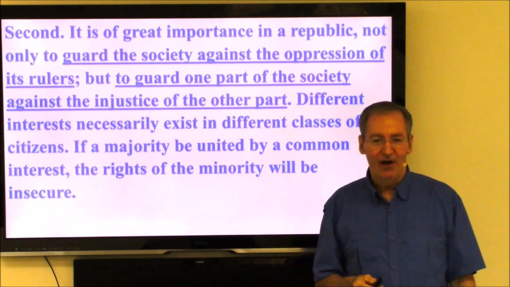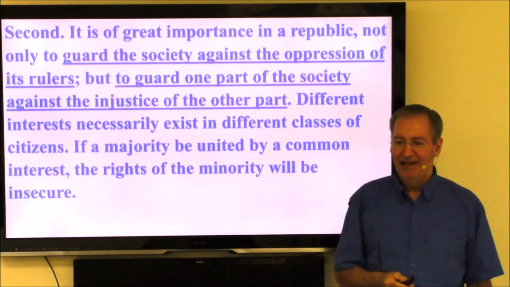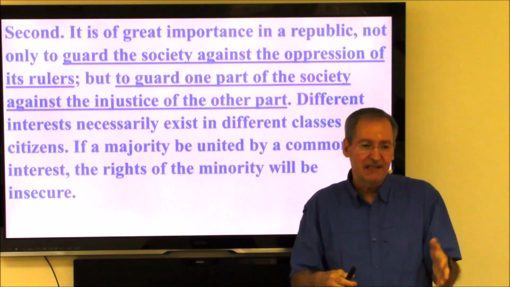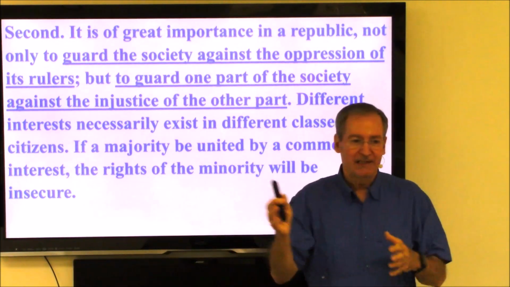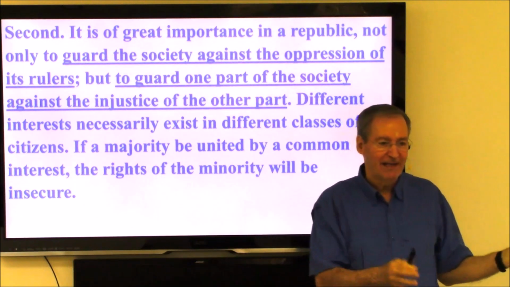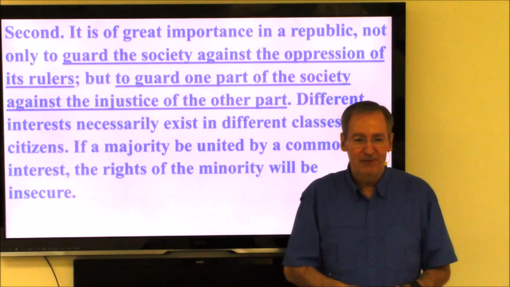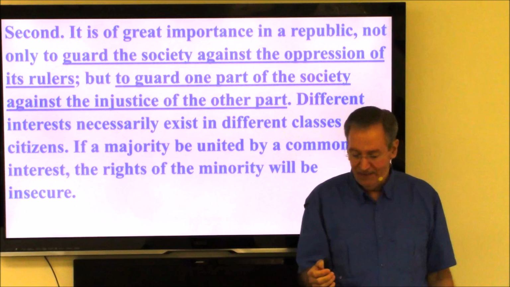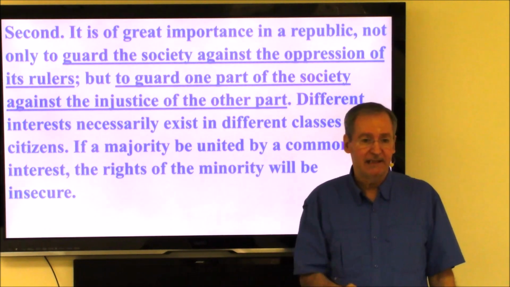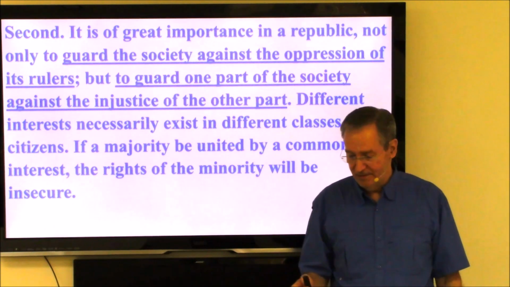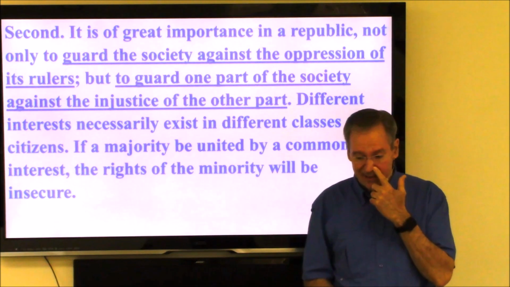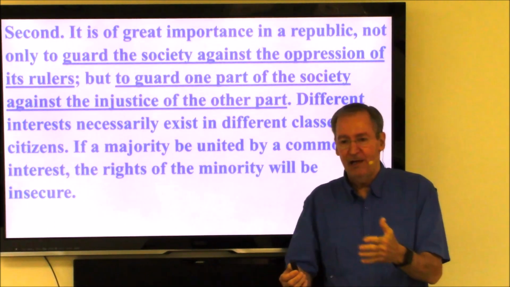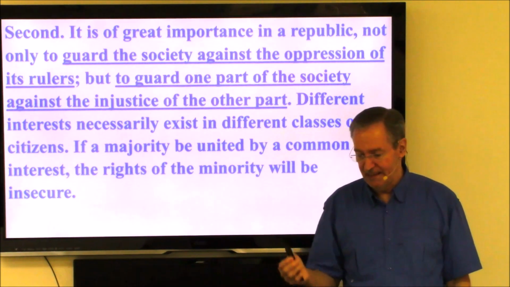Can you imagine the arguments they had? Not only did they have the regular sessions, but a lot of it happened after the sessions. They'd meet in different places, talk over things, and bring it back the next day. Getting 50-some people to agree on anything as momentous as this would be difficult. But that's what they were up against, and so he's trying to explain to the people of New York why you need to ratify this thing.